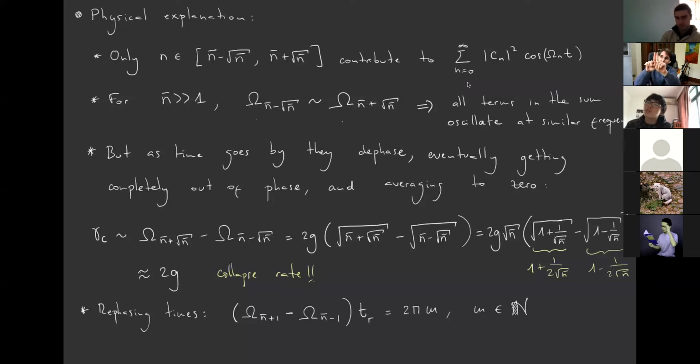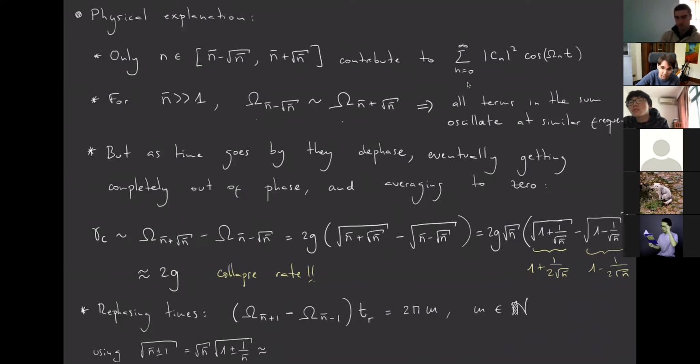This means that they get so out of phase that eventually the one that is faster gets to peak again from behind the one that is slower. And when this happens, again we use a Taylor series expansion of these square roots, in particular using that the square root of n plus or minus 1 is equal to the square root of n times the square root of 1 plus or minus 1 divided by n.